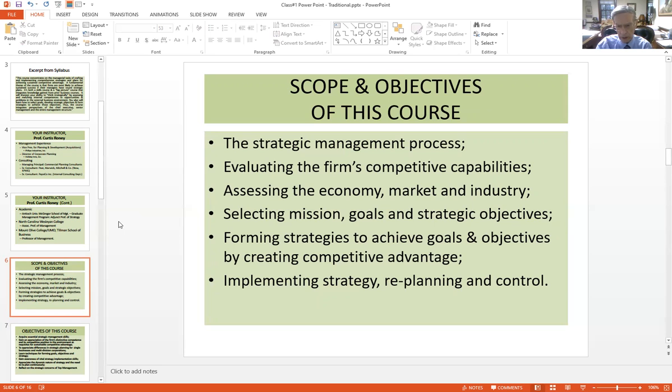And then finally, strategy itself and implementation, which calls for monitoring progress, replanning all the time, and control. Strategic planning doesn't occur just at the end of the fiscal year when you're putting together a new budget, but rather it goes on all year long as conditions change.